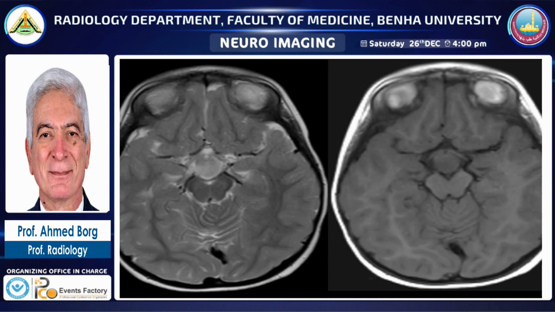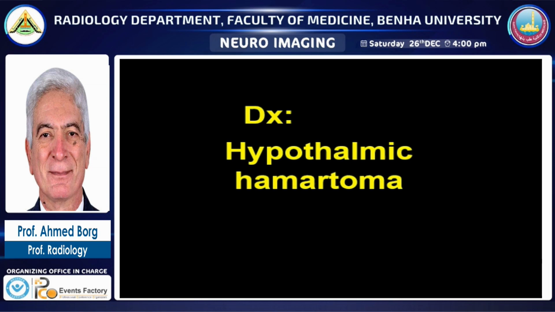This is T2 and the T1 weighted image. There is abnormal signal, especially in T2. Differential diagnosis: hypothalamic mass. The key point here is that there is no enhancement. There may be alteration in signal, but there is no enhancement.